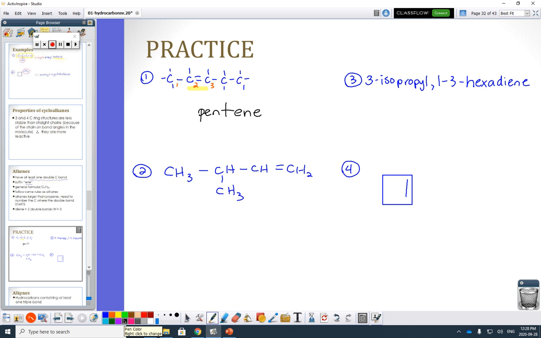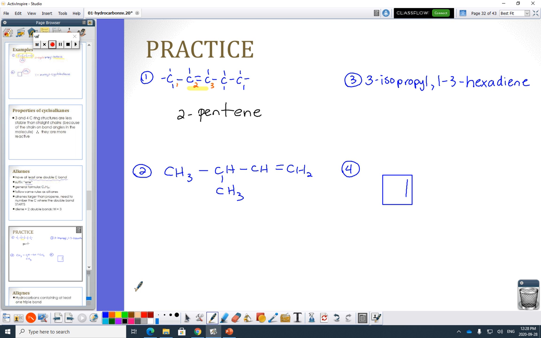So we're going to call this 2-pentene, and not 3-pentene, right? It's like when you travel down the chain, whichever carbon you hit first that has the double bond on it, that's the number you put, okay?